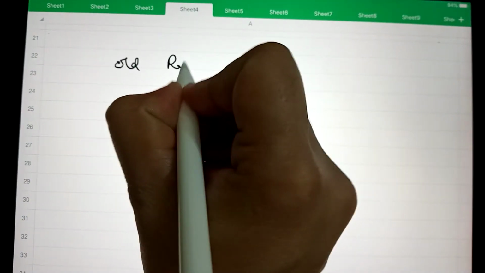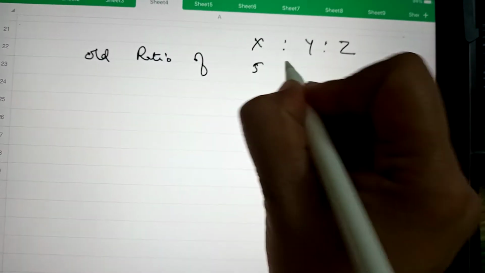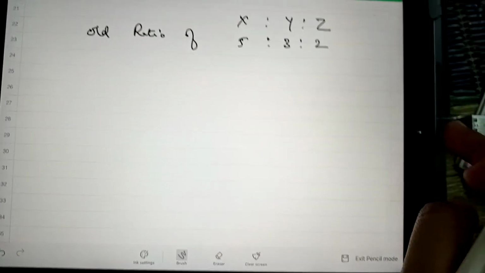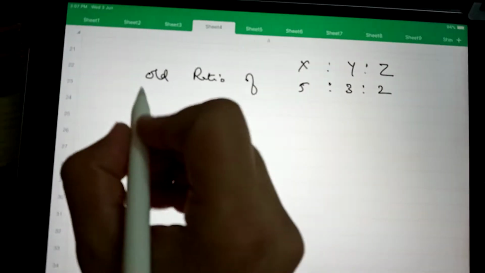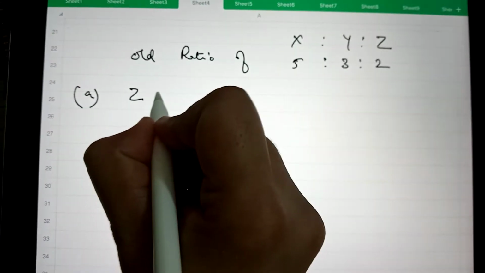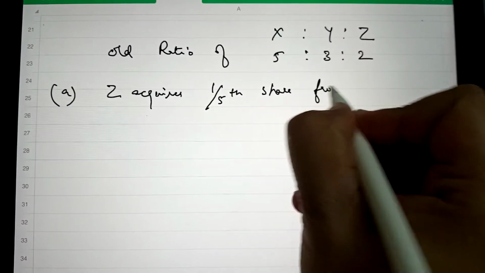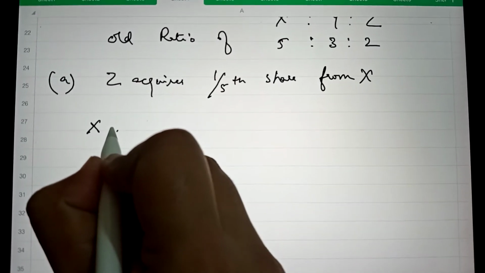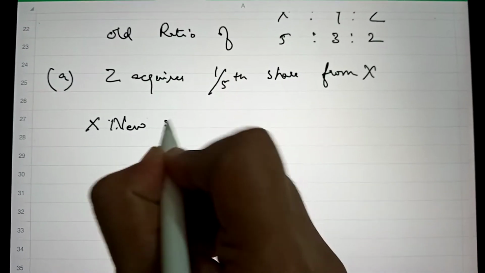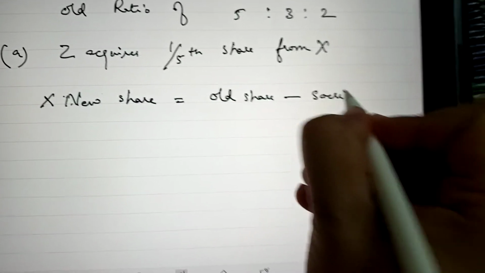Old ratio of X, Y and Z is given 5:3:2, and Z acquires 1/5 share from X. It means X has made some sacrifice, so X's new share is equal to old share minus sacrifice.